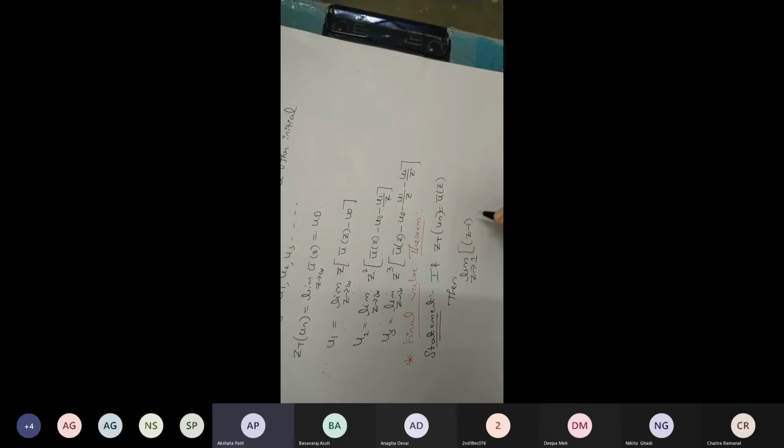Now the statement is: if the z transform of un is equal to u bar of z, then limit z tends to 1, z minus 1 into u bar of z, is equal to limit n tends to infinity un.